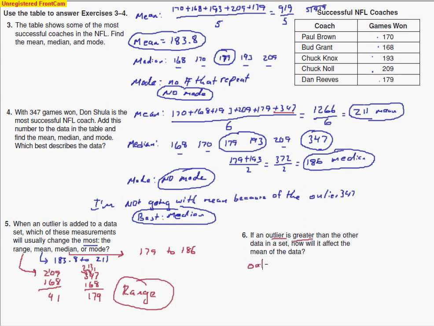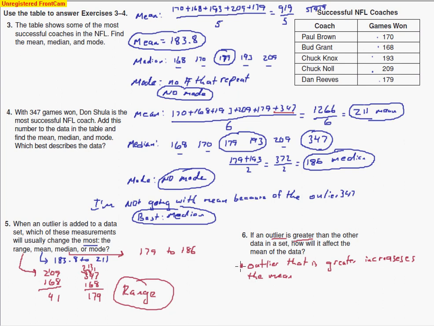An outlier that is greater increases the mean. Now, they don't ask it, but what happens if the outlier was smaller?